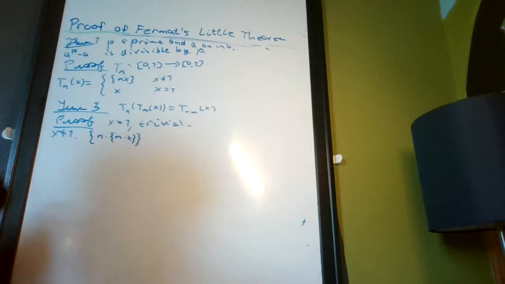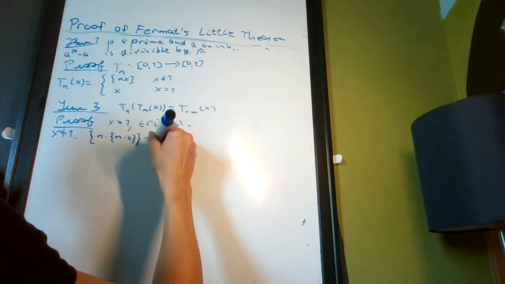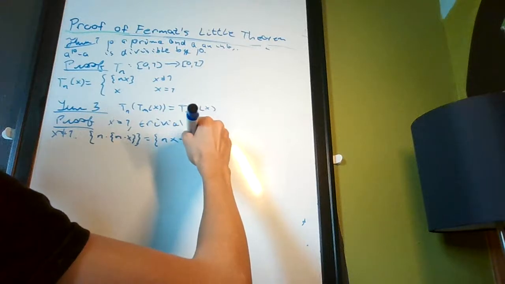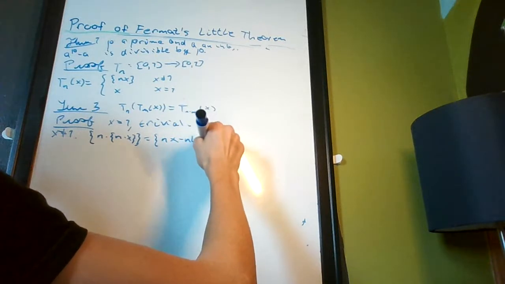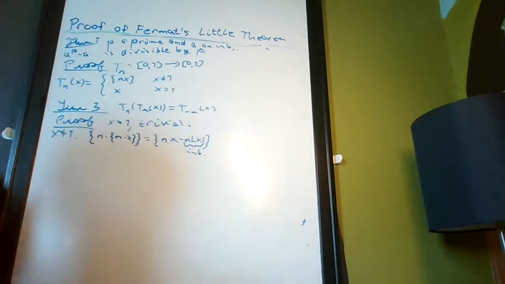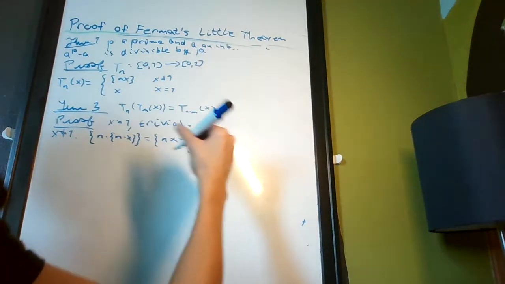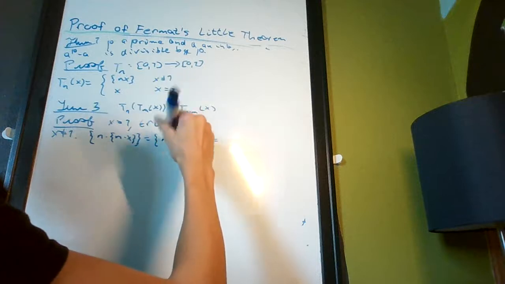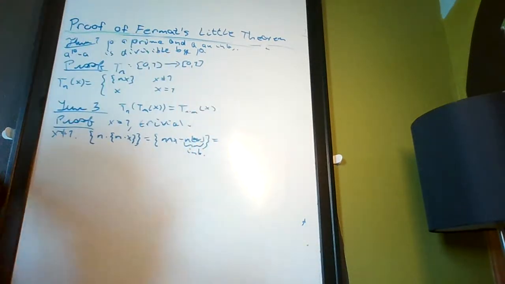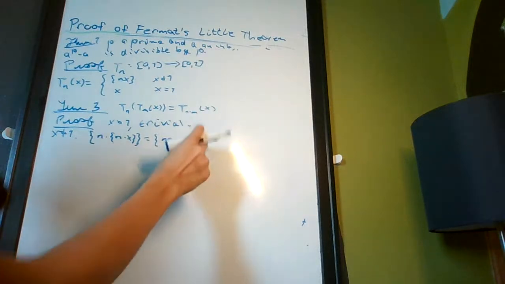Now, by the definition of the floor function, this is going to be n times mx minus n times the floor function of mx. But guess what? This right here is an integer, right? n times mx minus n times floor function mx, that's going to be an integer.